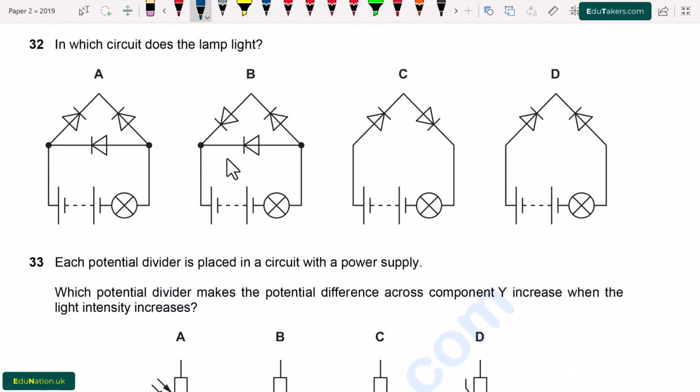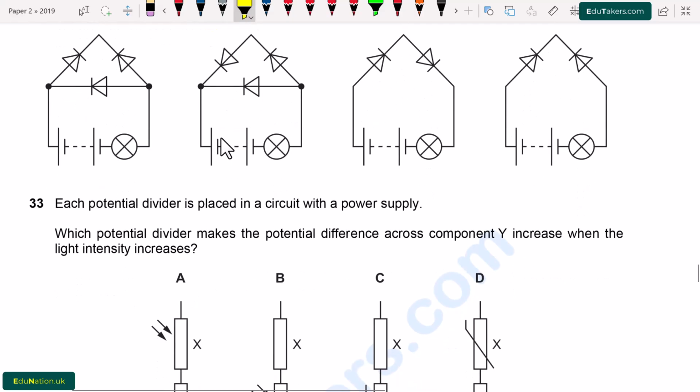Question number 32. In which circuit does the lamp light? Only in those circuits does the lamp light in which all of the diodes are connected in forward bias. We see option A. Here are 3 diodes. This is positive and this is negative, positive, negative.